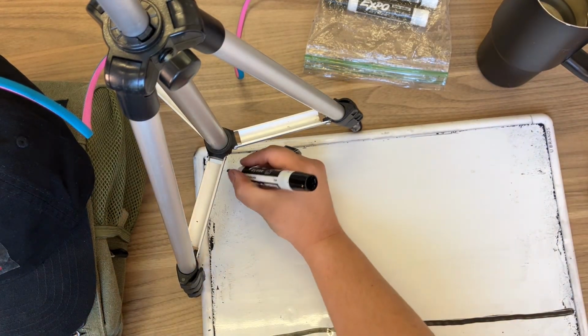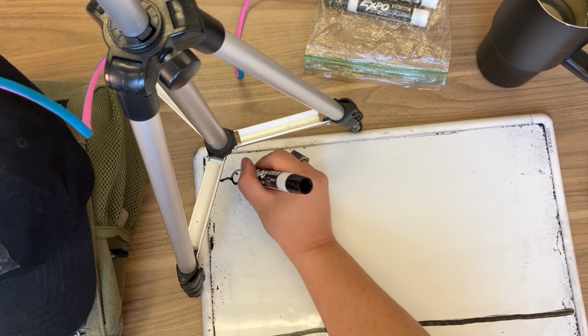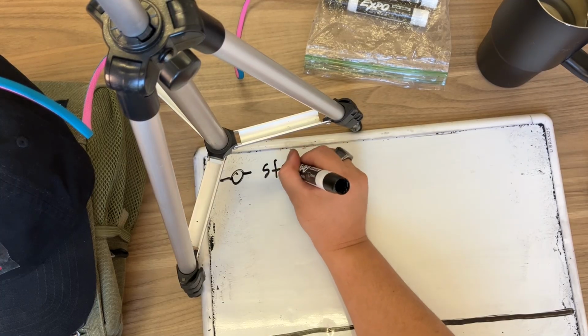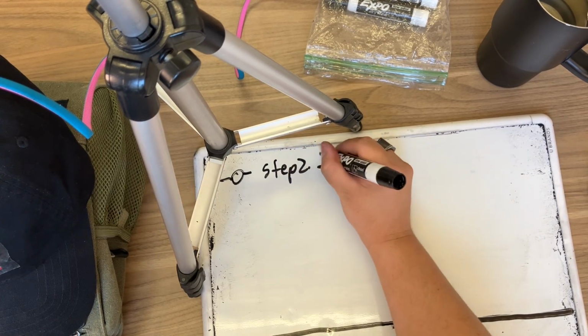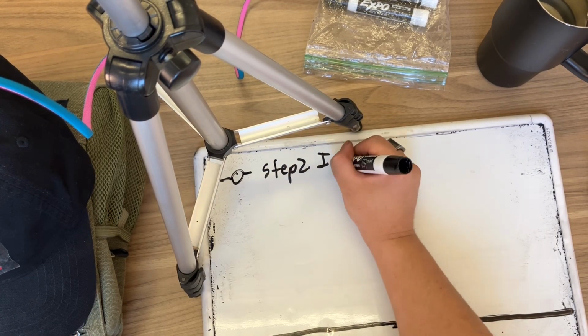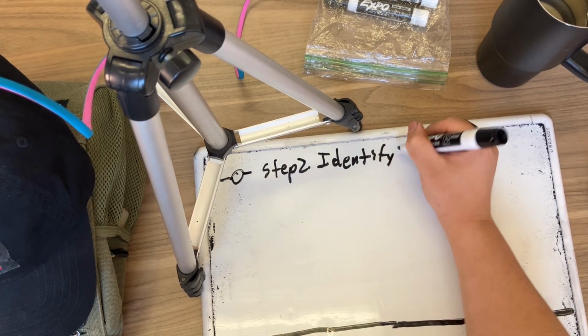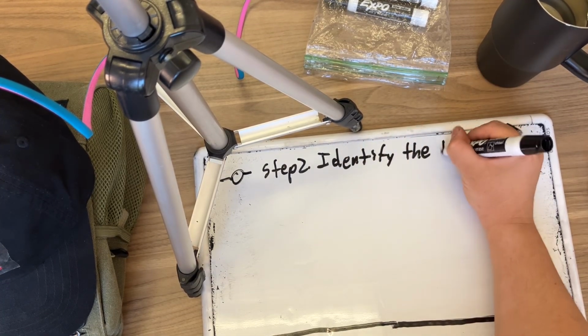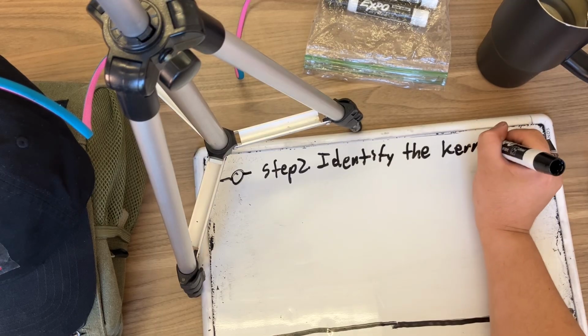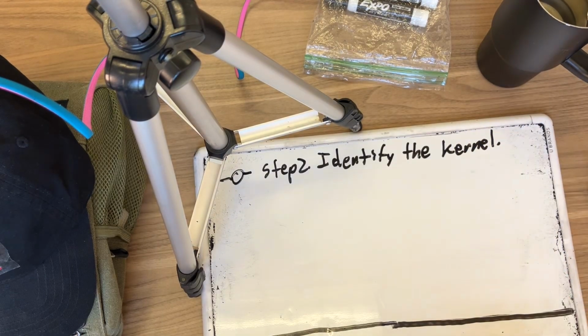So step 2, we want to identify the kernel, because I can tell you what something is definitionally stating, but that's one thing, and actually showing you what that thing is concretely is another thing.